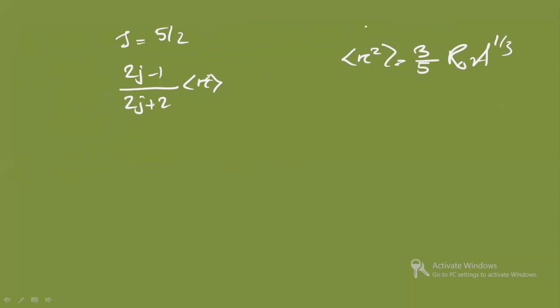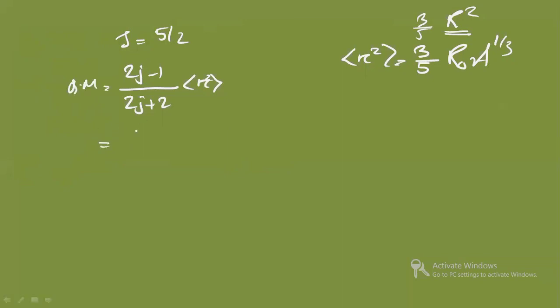Yes or no? Here this R square is written as 3/5 of R square, the nuclear radius, so I've written 3/5 R naught A to the power 1/3. So this is the quadrupole moment.